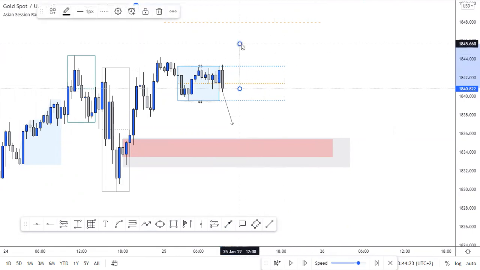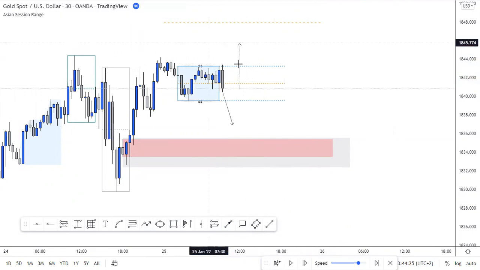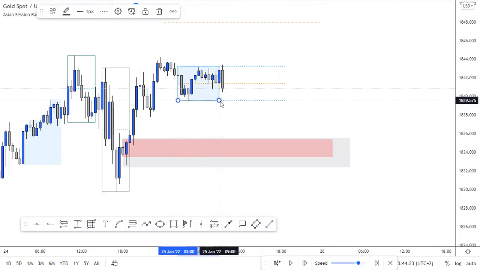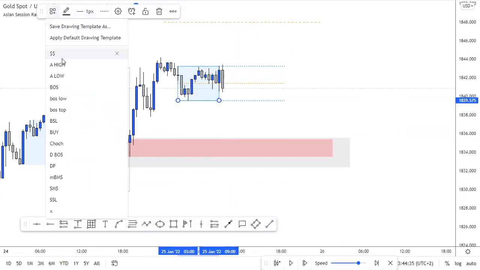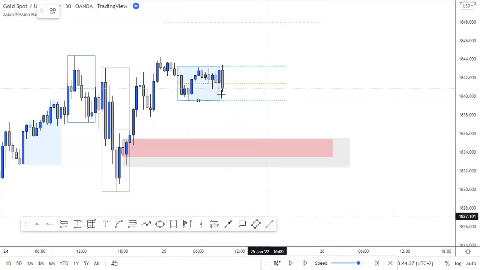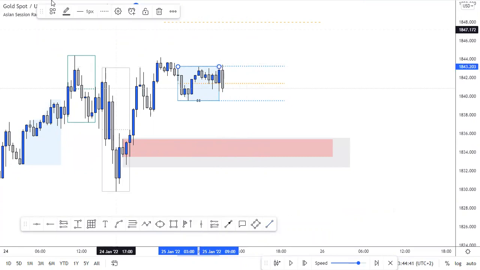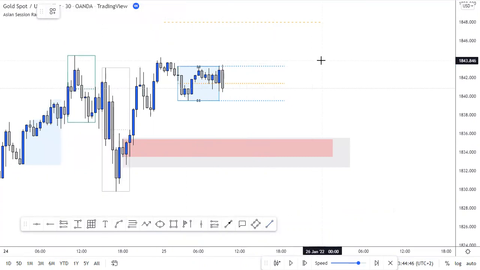But as institutional traders, as money traders, we have our analysis lining up like this, isn't it? Sell side liquidity, buy side liquidity. You see? How they analyze. This is aligning like this, isn't it?